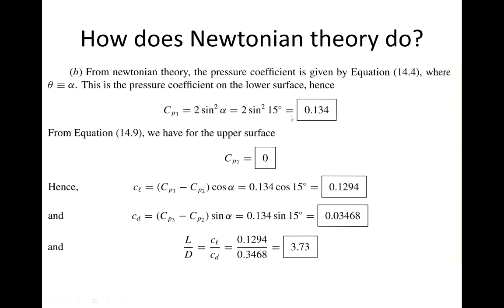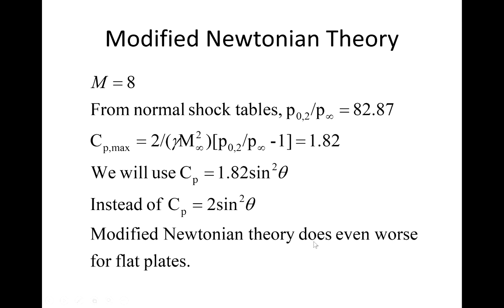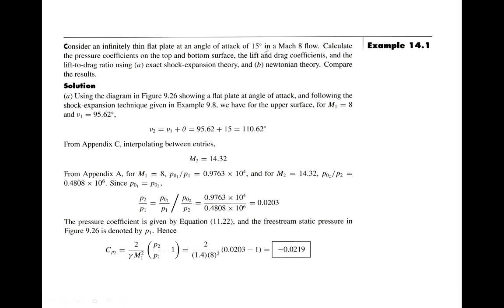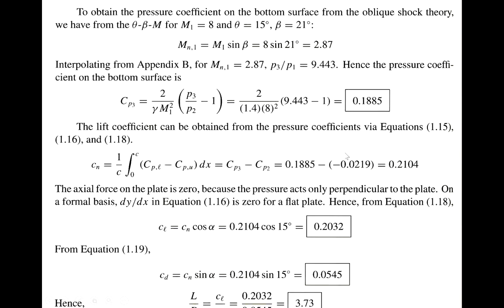How does Newtonian theory do? You get a Cl from 2 sine squared alpha. Cp is this, Cl is this number, Cd is this number, and L over D is 3.73. So at Mach 15, we get reasonable answers.